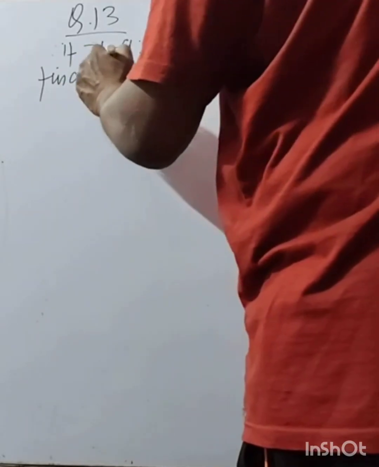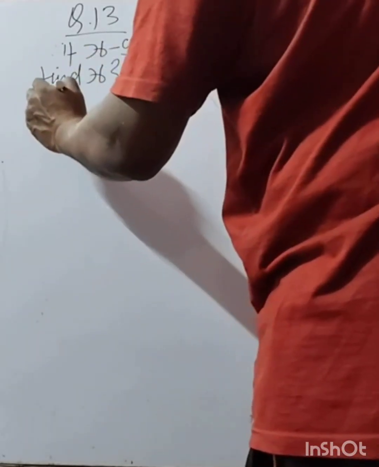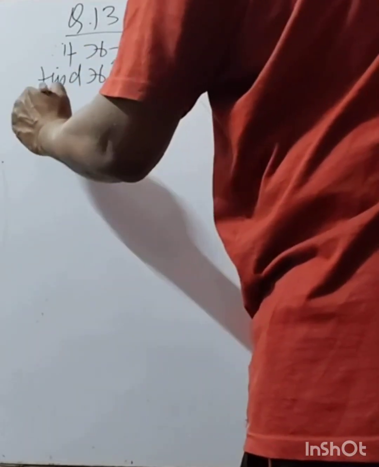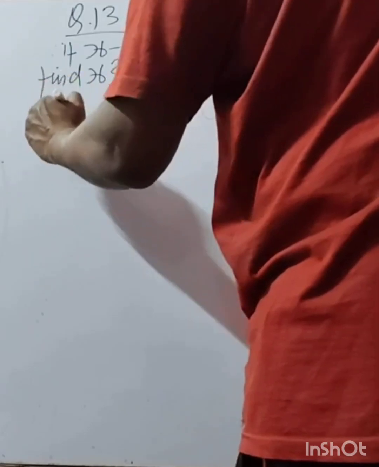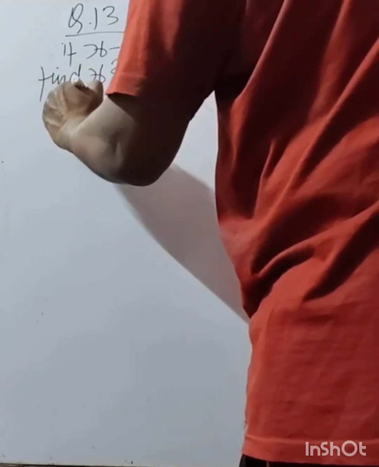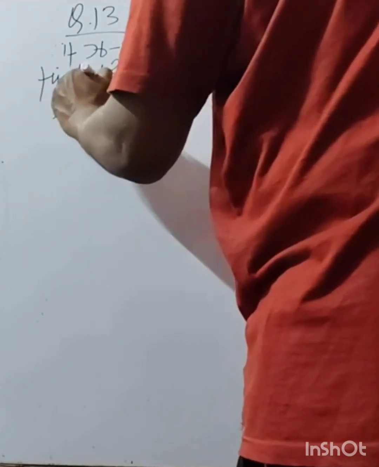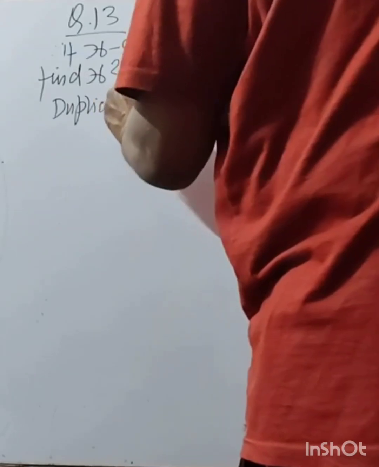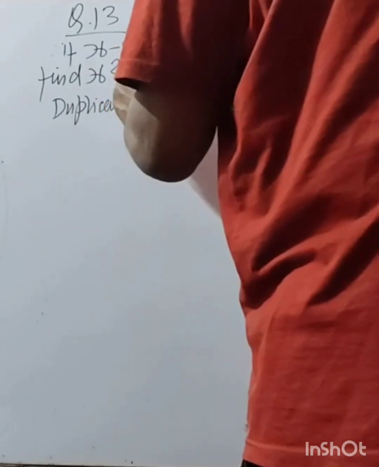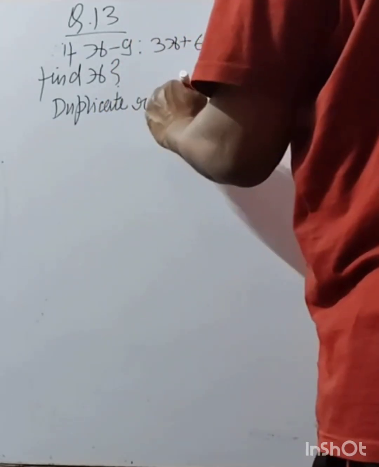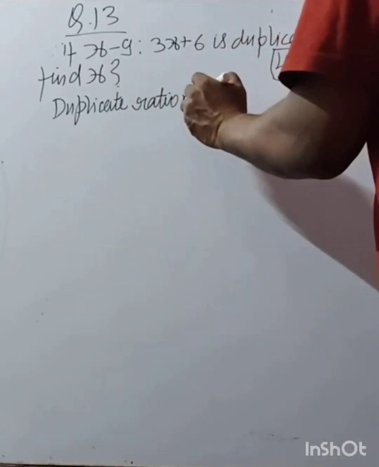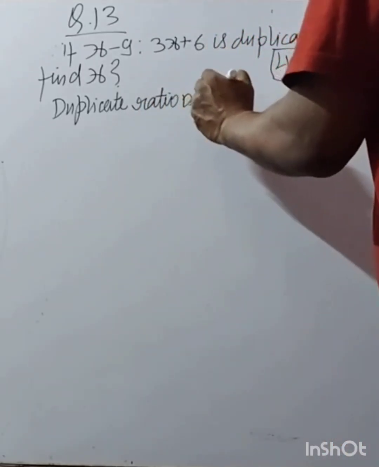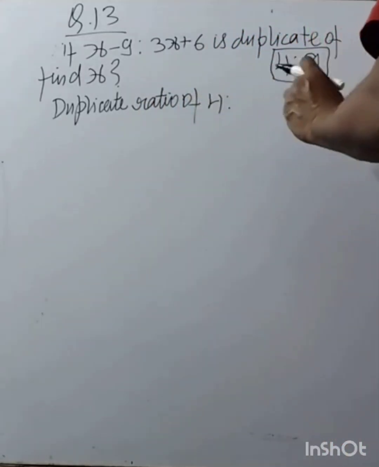Find the value of x. Okay. So the duplicate ratio of 4:9.